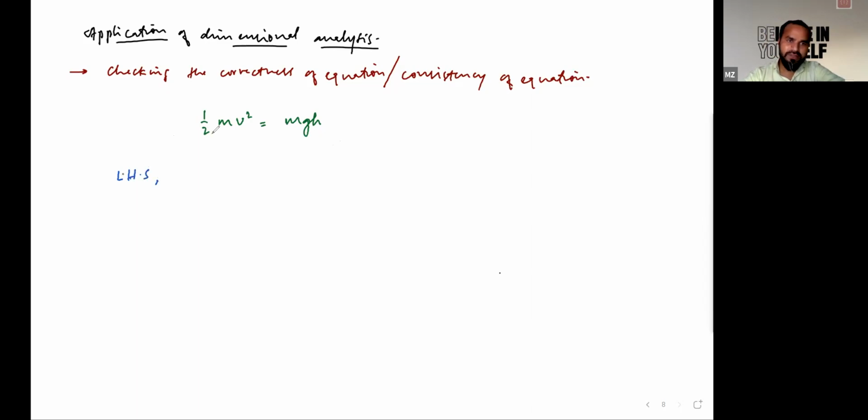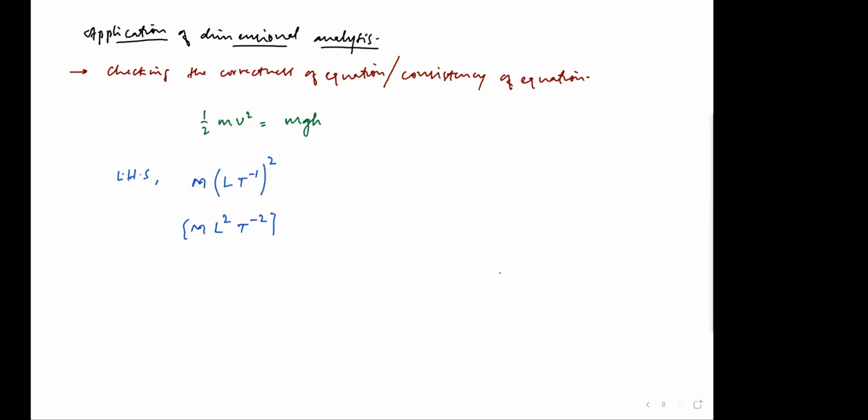LHS: we have half, which is a numerical value. Next part is mass, having dimension capital M. Next part is velocity, so it would be Lt raised to the power minus 1 and squared over it. So it will be M L squared t raised to the power minus 2. Is it clear? Yes, sir.